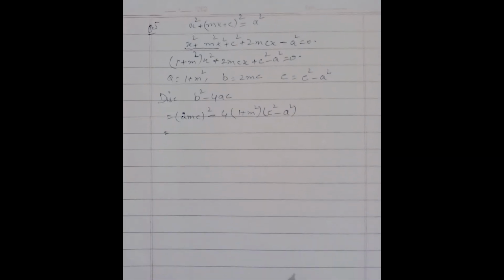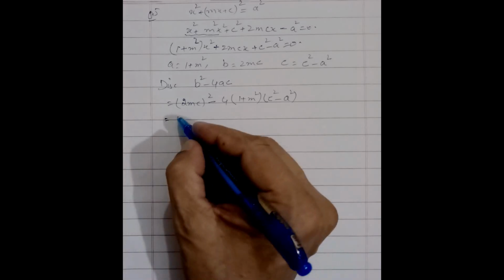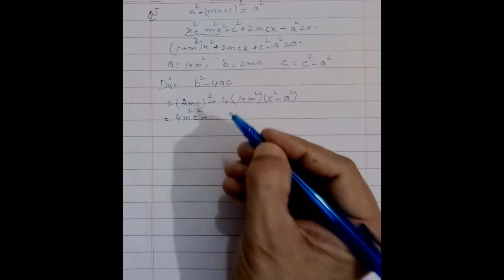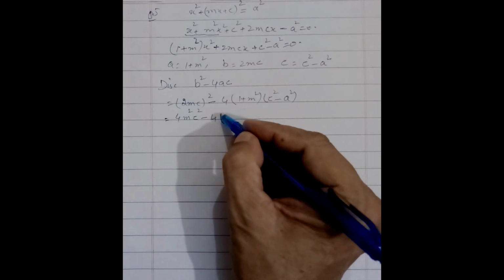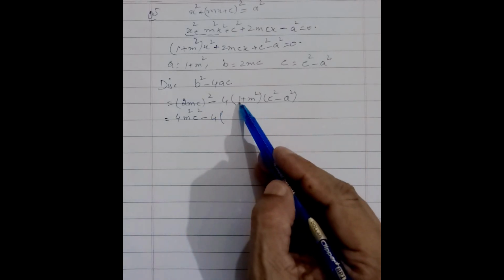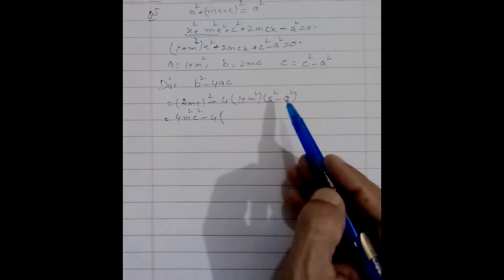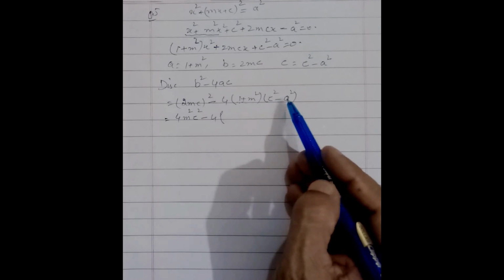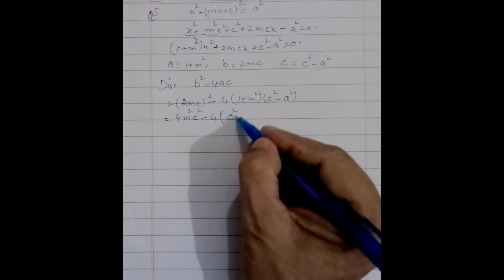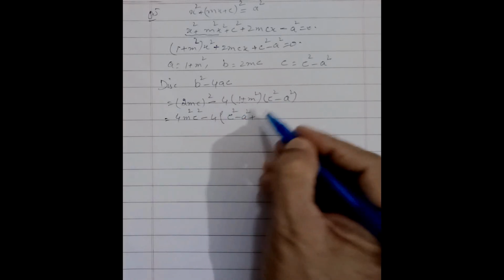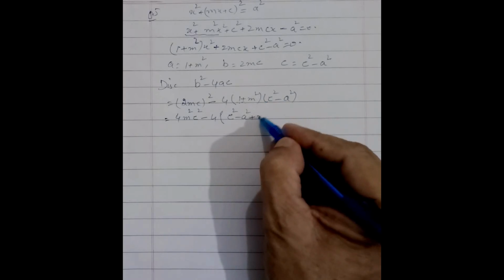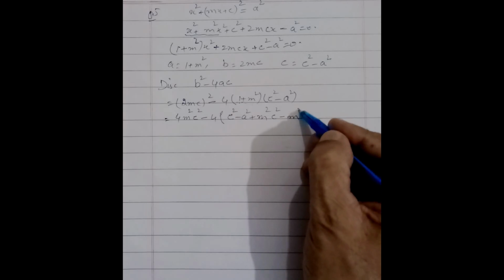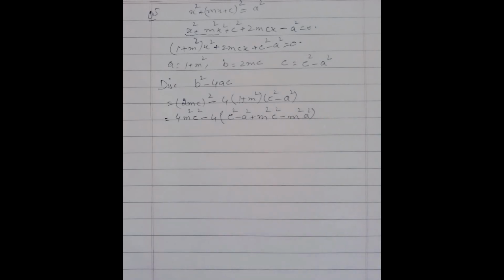And then we simplify these values, we get 4m square c square minus 4 into, we multiply 1 plus m square with c square minus a square. We get 1 multiplied with both the values, we have c square minus a square plus m square into c square, m square c square minus m square a square.